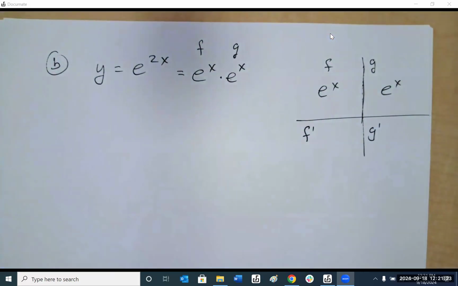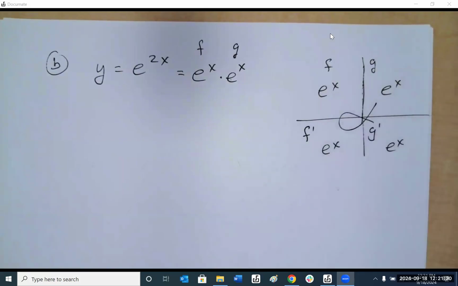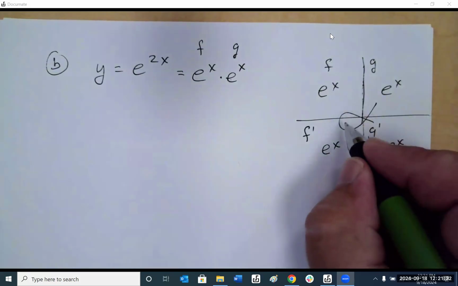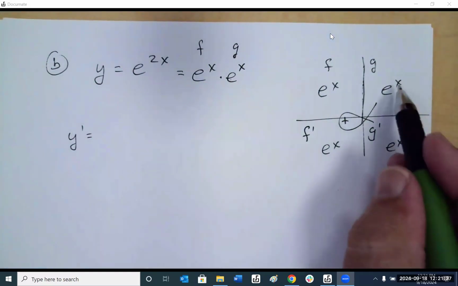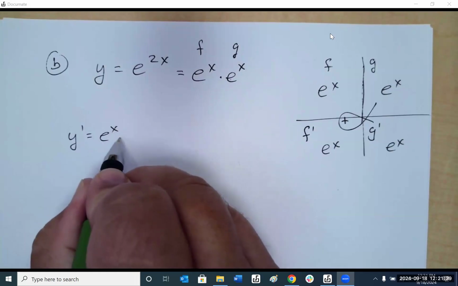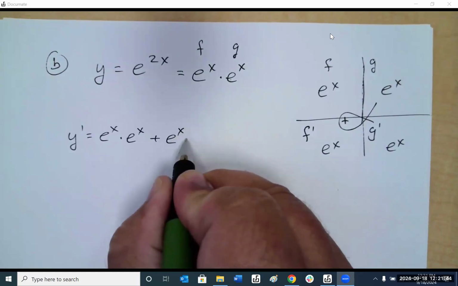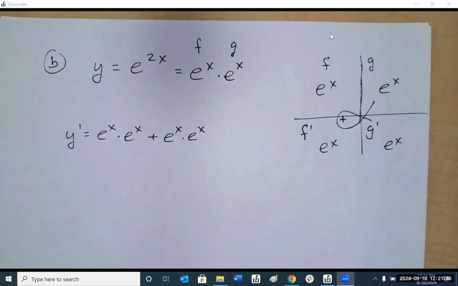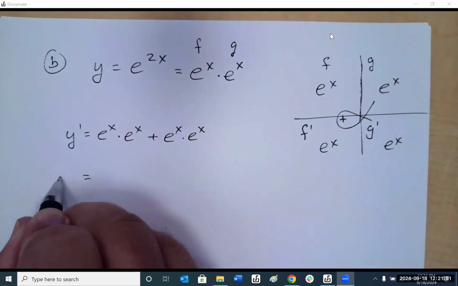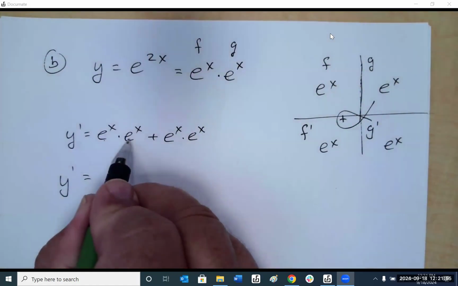So it's e to the x, and that's e to the x. What's the derivative? And we add. So we have e to the x times e to the x plus e to the x times e to the x. E to the x times e to the x is what?